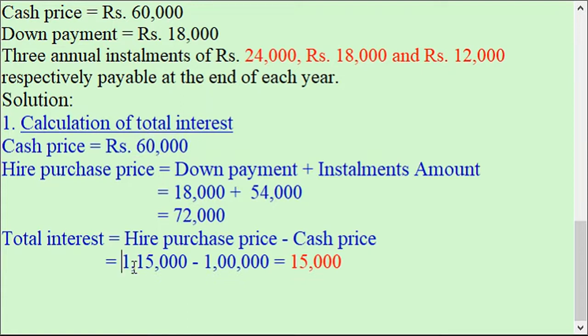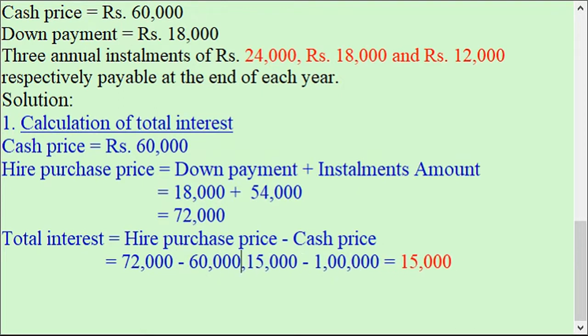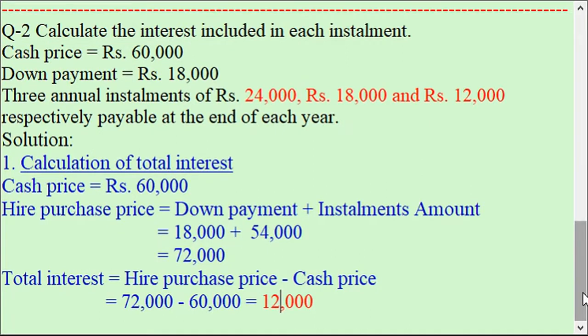Hire purchase price is 72,000 and cash price is 60,000. The extra price that you are paying is 12,000. That's the total interest. Fine.